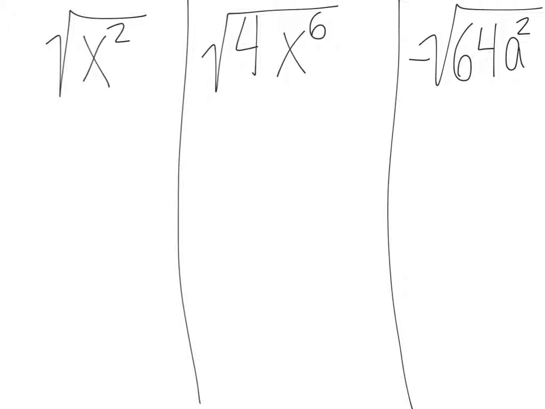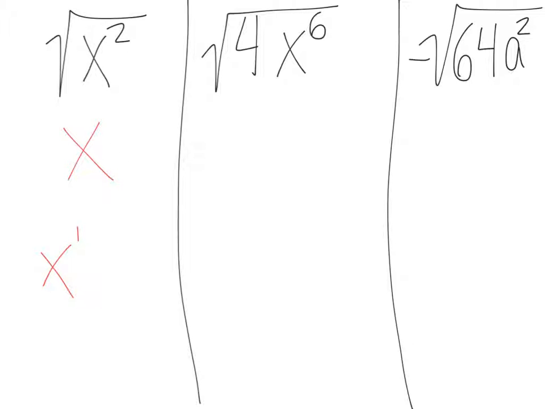So in the first example, we have x squared. The square root of x squared is x. The reason is because I'm trying to think what number can I multiply times itself to give me x squared. The answer is x because x, as you know, may not have an exponent written here, but we do know what exponent is there. It's a 1.